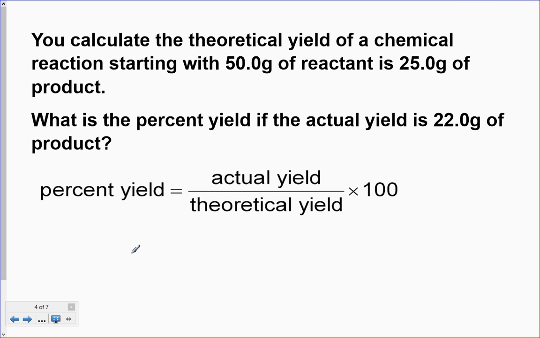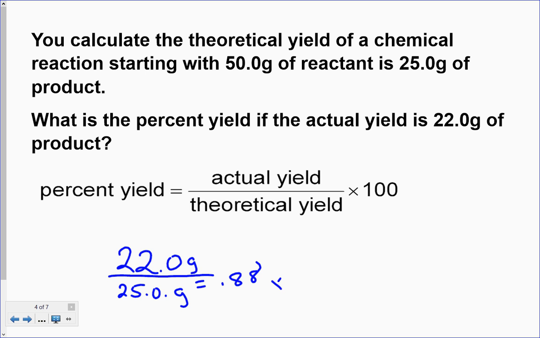Okay, so what we want to do here is figure out the percent yield. It's pretty easy when they give us this kind of problem. We don't even need the chemical reaction or anything. We just know that the actual yield is 22.0 grams over the theoretical yield, which is 25.0 grams, equals 0.88.